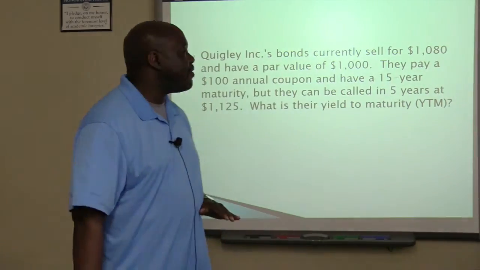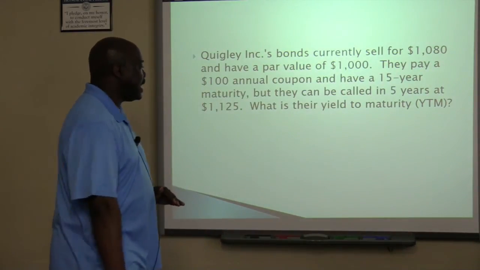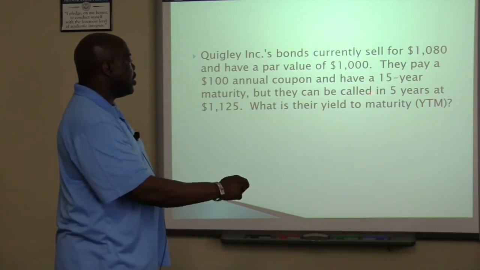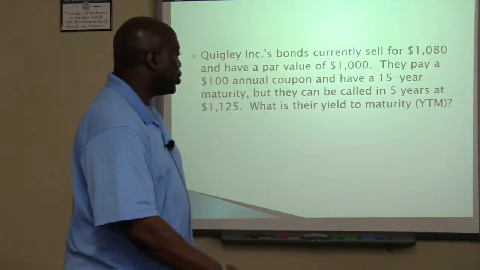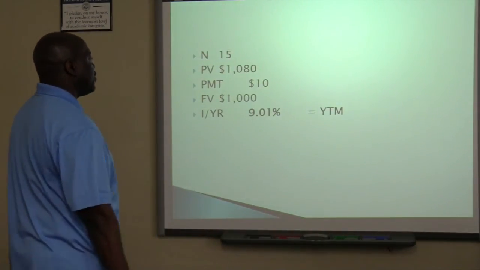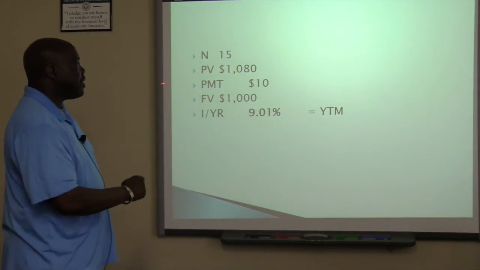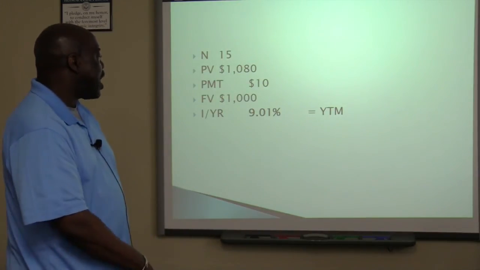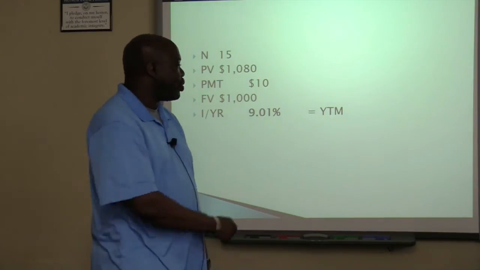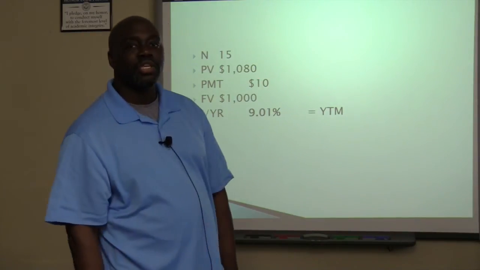So you already know we have additional information here that we do not need. We do not need when it can be called in 5 years. We only want the yield to maturity. So once we put that information in, N is 15, present value is $1,080, payment is $100, future value is $1,000. We calculate for IY, or yield to maturity, 9.01.